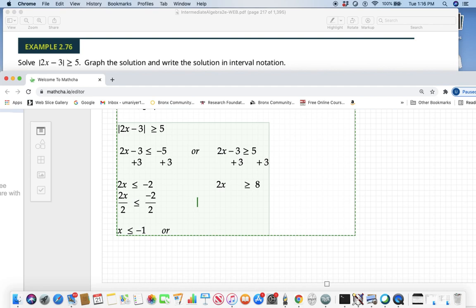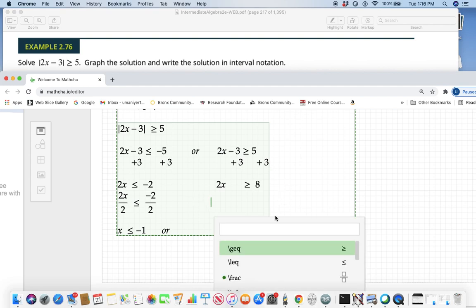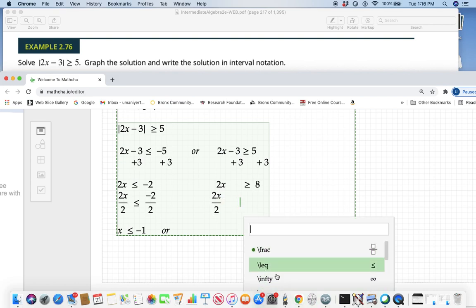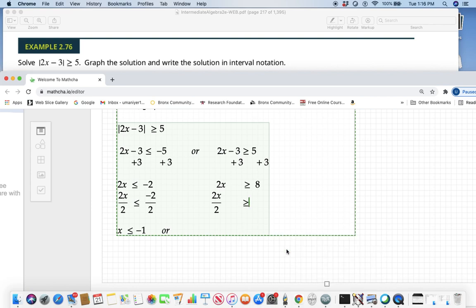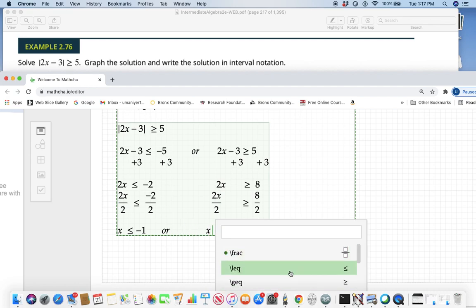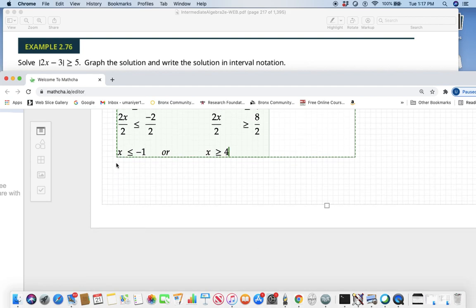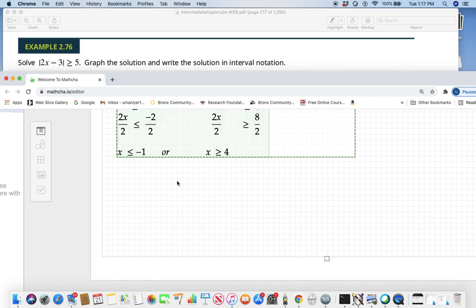At this point, divide both sides by 2. X greater equals 8 over 2. So this or part tells me x is greater equals 4. So x is less equals negative 1 or x is greater equals 4.